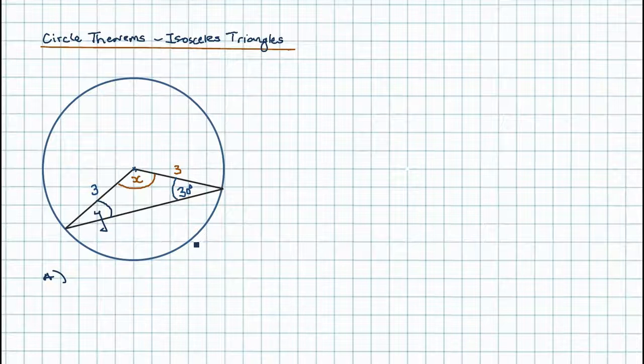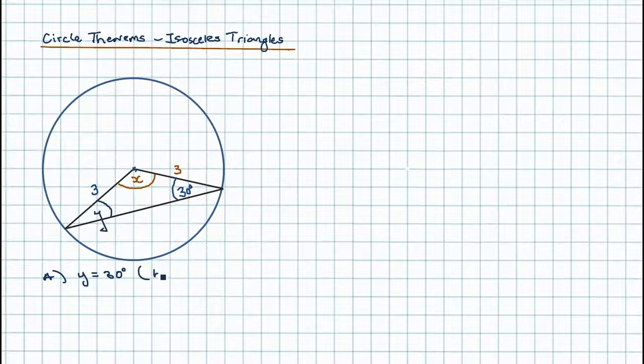So to find y, we're going to use our isosceles triangle theorem, that the base angles of an isosceles triangle must be equal, and it's an isosceles triangle because the two sides here are equal, therefore these angles will be equal. So how do we write that down? We'll write y equals 30 degrees, and then we need to give a reason.